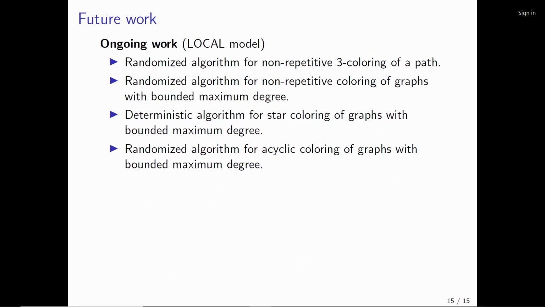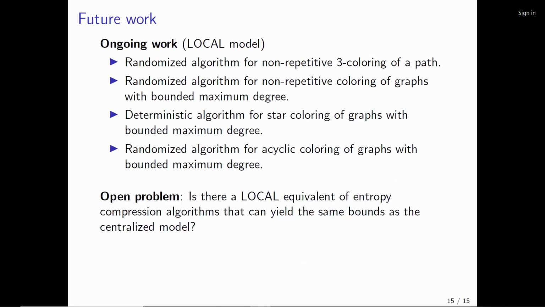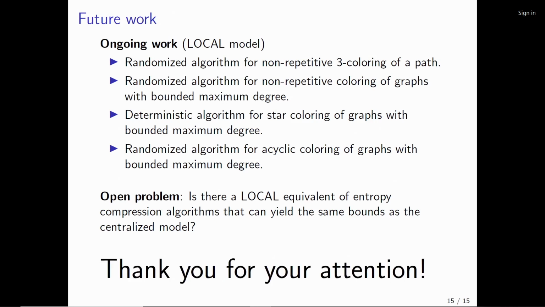So that was also our initial hope, that we can do this for all of these different types of problems. And there's still this big open question: can we really find a good equivalent method to entropy compression for the local model, that yields similar bounds, of course. And thank you very much for your attention.